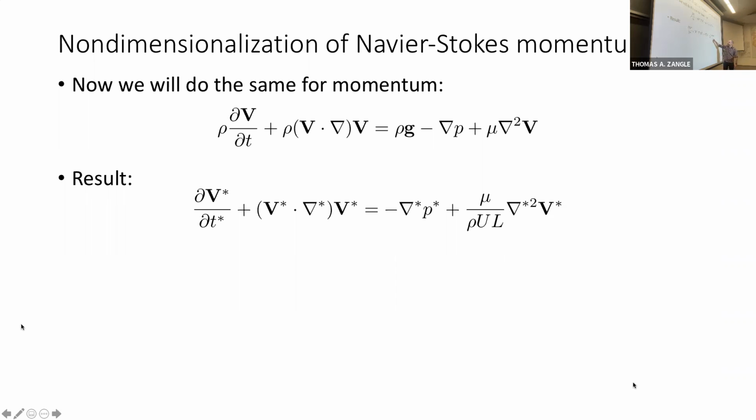Alternatively, we could take this expression and multiply through by Reynolds number, right? We'll end up with a factor of Reynolds number here, a factor of Reynolds number here, and here, but pressure is a little bit weird. We'll talk about that in a second.